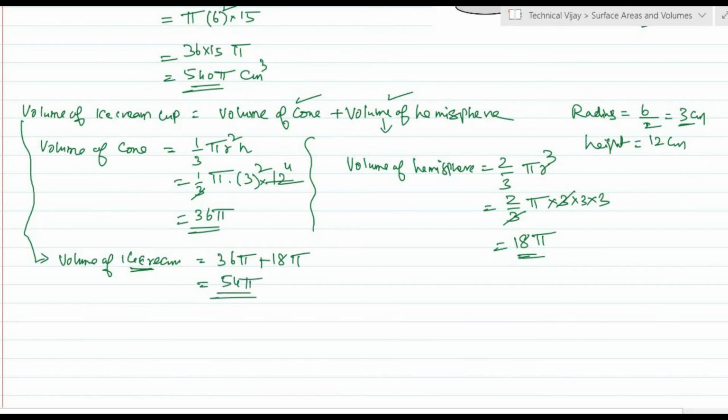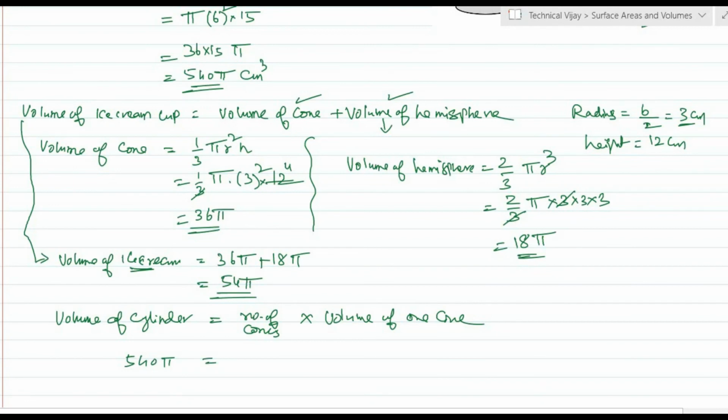Now we will equate both volumes: the volume of the cylindrical shape with ice cream is equal to the number of cones into the volume of one cone. So 540 pi is equal to the number of cones into 54 pi.